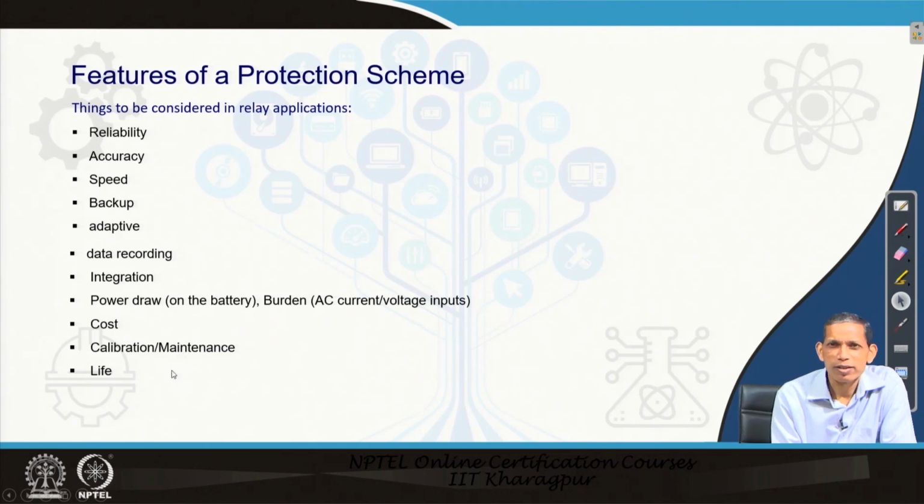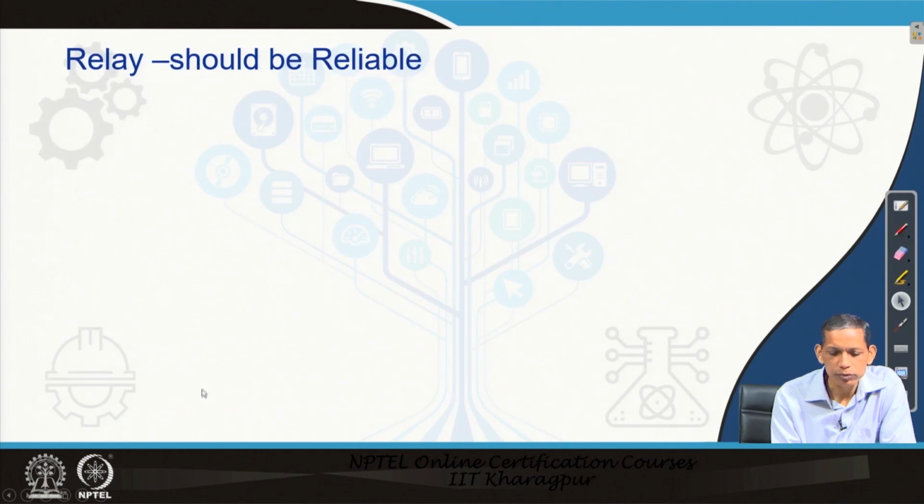Technology changes, and with numerical, computer based technology changing very fast, the life cycle of the relay is a concern for the decision on the protection schemes to be implemented for an application in a power system. Relay should be reliable.